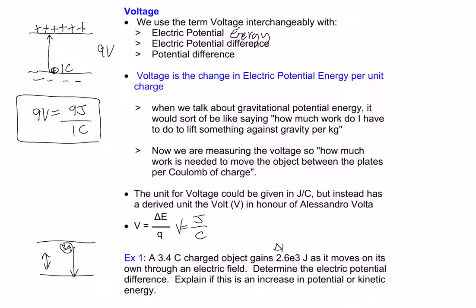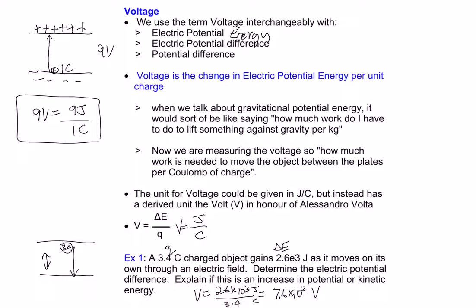We just want to treat that as our change in energy. So we have our charge and our change in energy, so our voltage would be 2.63 divided by 3.4, and that gives us 7.6 times 10 to the negative 1 volts. So joules per coulomb, we'll write it as volts.